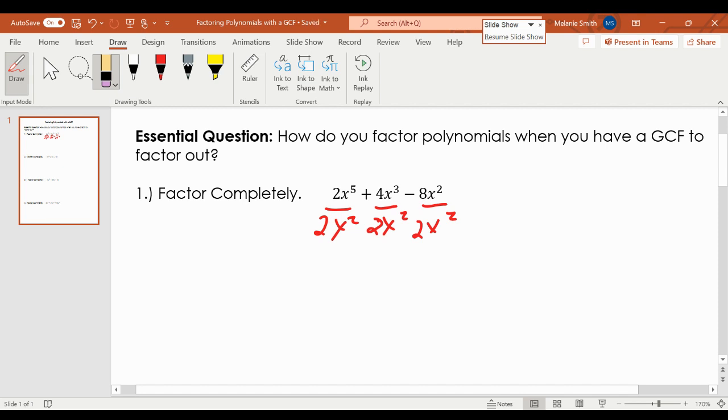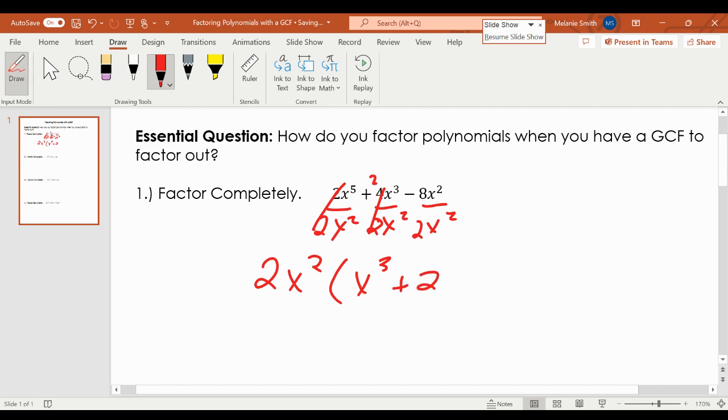All right, so once I have factored that out, I have to keep my 2x squared. I can't just get rid of that. But I'm going to factor out, here's the 2, and then the x to the 5th over x squared becomes x cubed. 4 over 2 becomes just 2.